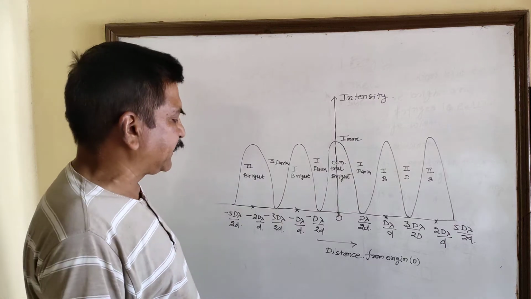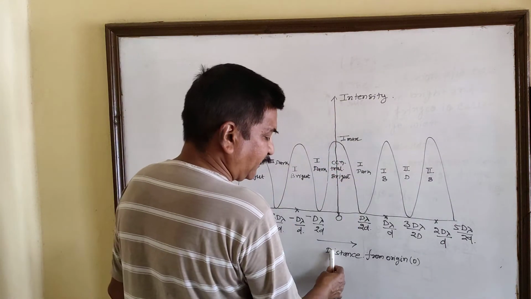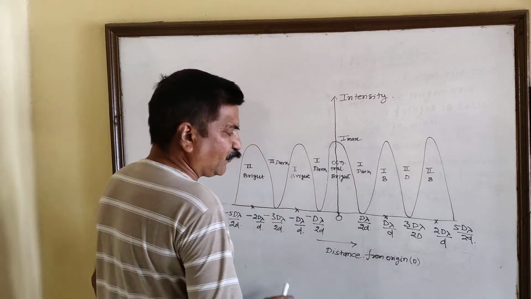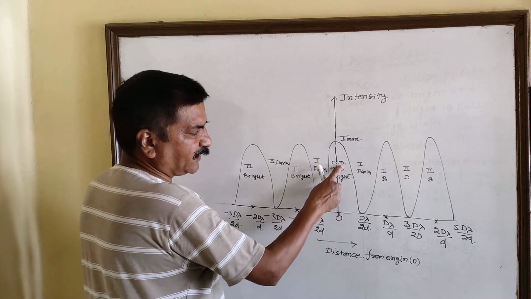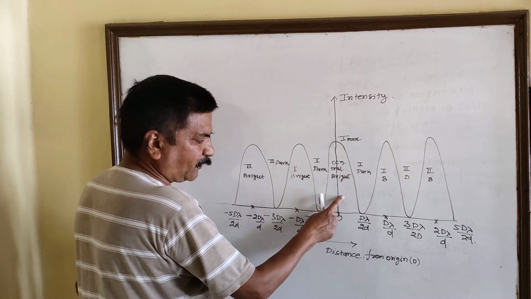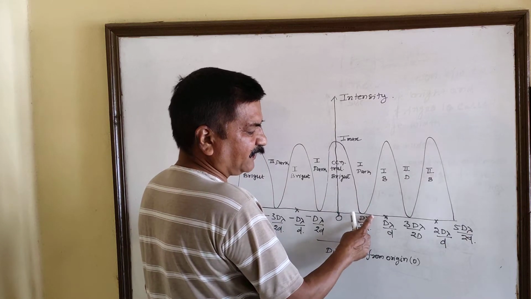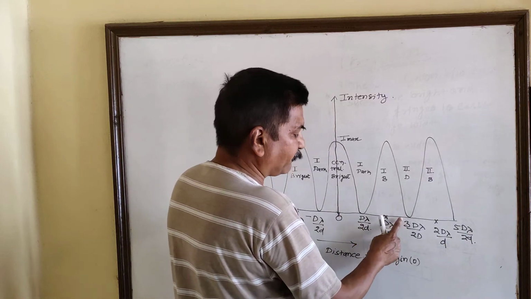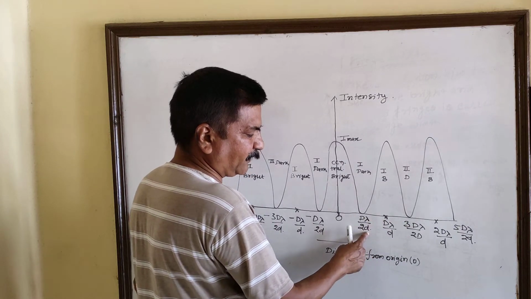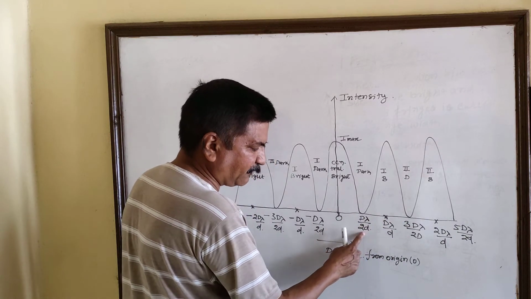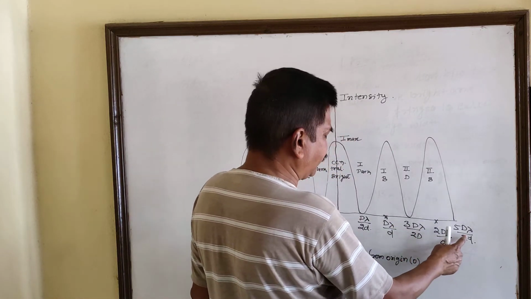So when we plot a graph between the intensity of the fringes and the distance from the origin, you will notice that the central point is the central bright fringe, right? And at a distance d lambda by 2d, you will get the first dark fringe. Then the odd multiples, d lambda by 2d, 3d lambda by 2d, 5d lambda by 2d, are the points where you will get what?